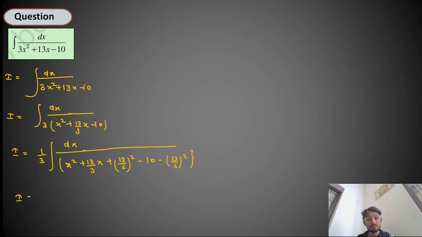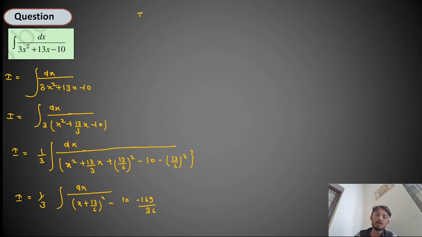Here I equal to 1 by 3 dx. Using a square plus 2ab plus b square equal to a plus b whole square, it becomes x plus 13 by 6 whole square. And the square of 13 upon 6 is 169 upon 36, and you multiply 36 by 10, which is 360.